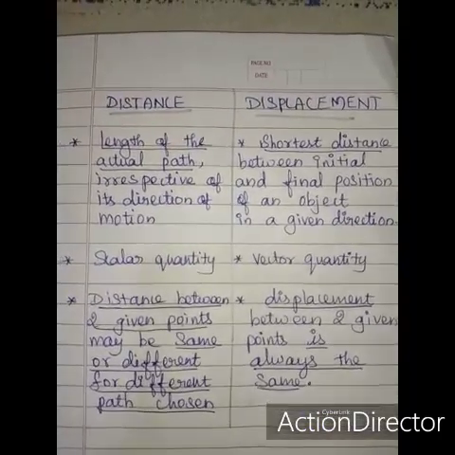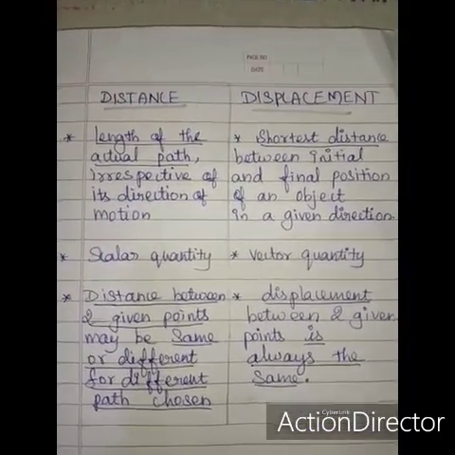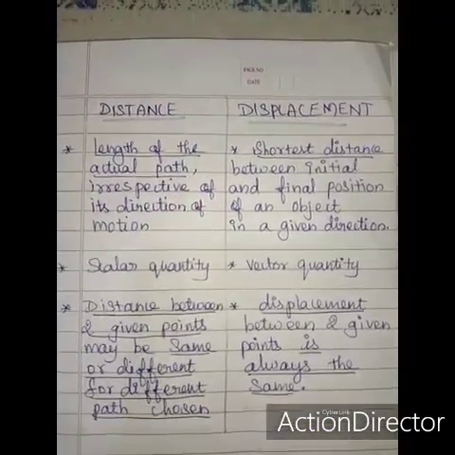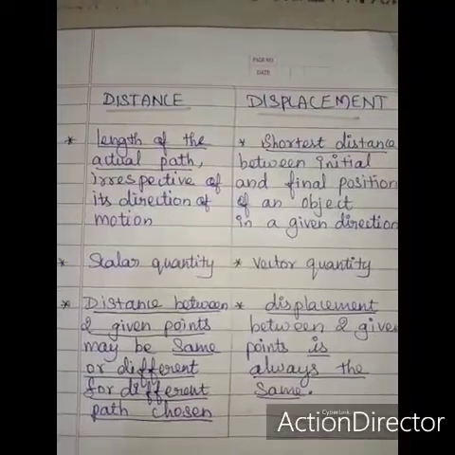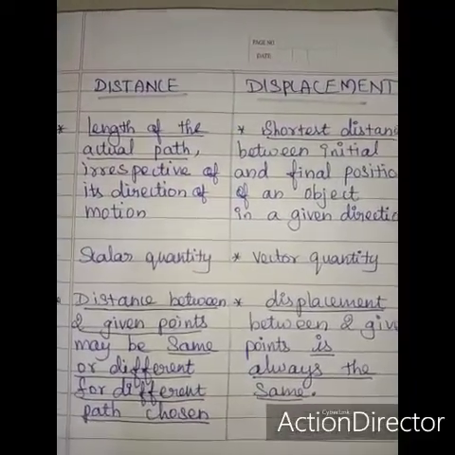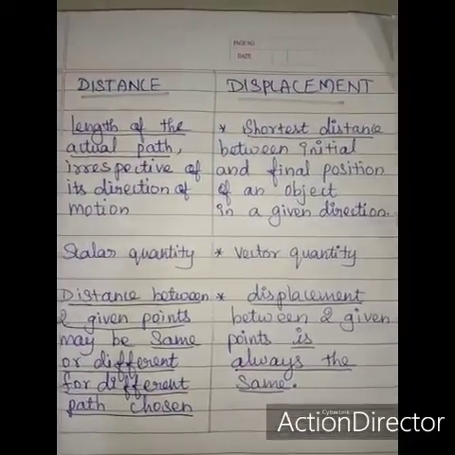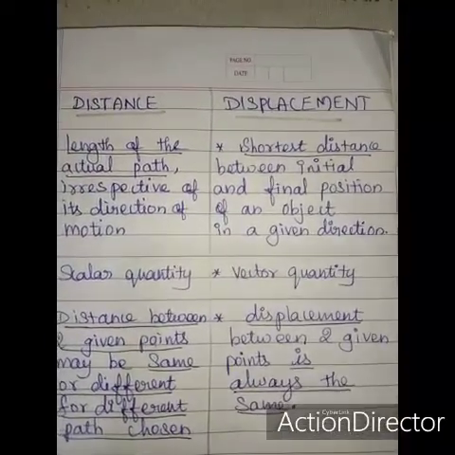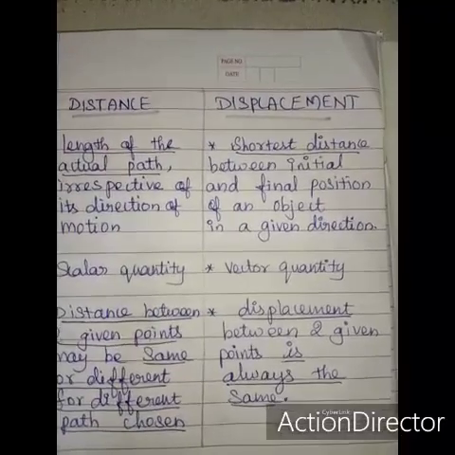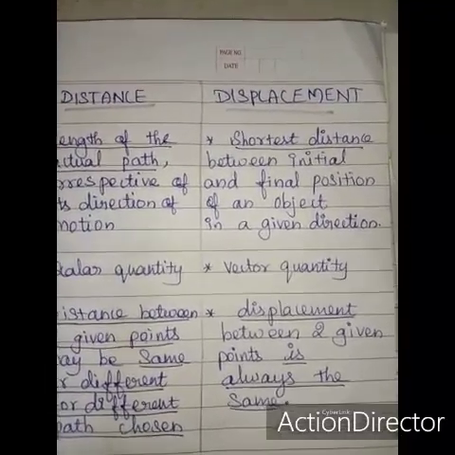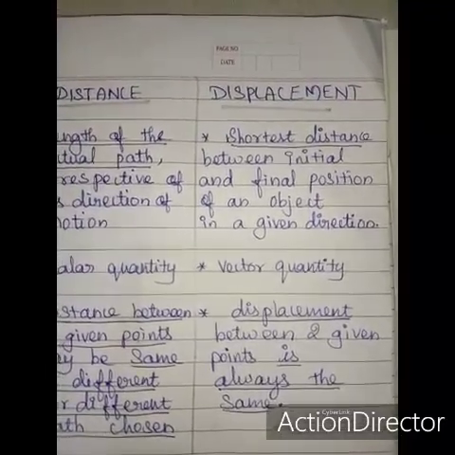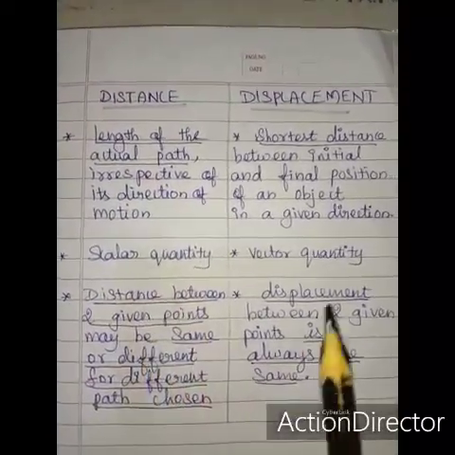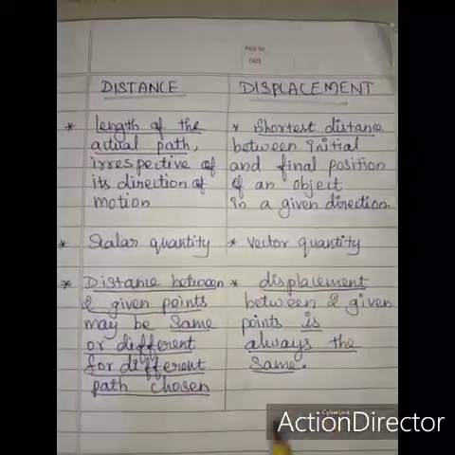Let us recall distance and displacement. Distance is the length of the actual path covered by an object, irrespective of its direction of motion. Displacement is the shortest distance between initial and final position of an object in a given direction. Distance is a scalar quantity. Displacement is a vector quantity.